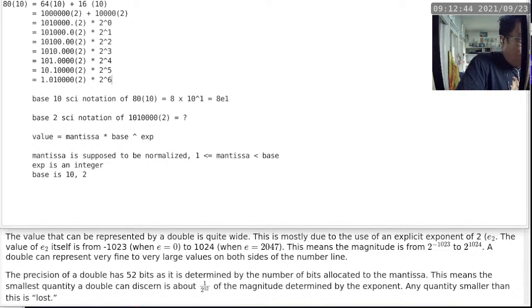So Jonathan wrote, it's kind of weird since 2 and 6 are greater than or equal to 2, the base. I'm not really sure what the 6 is referring to. Oh, you mean this 6 over here? That's okay. That's just the exponent. And this part is in base 10.